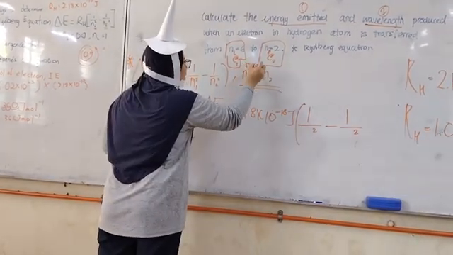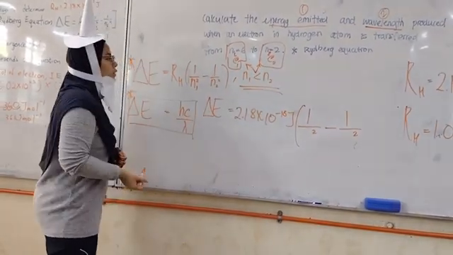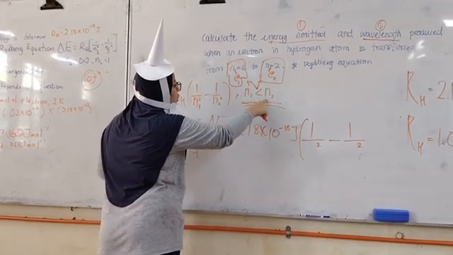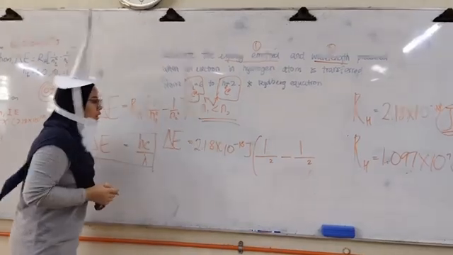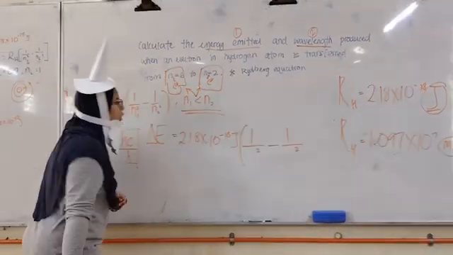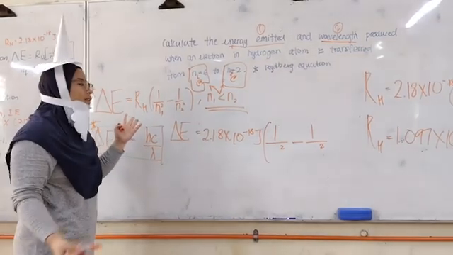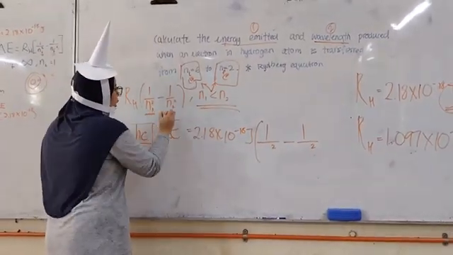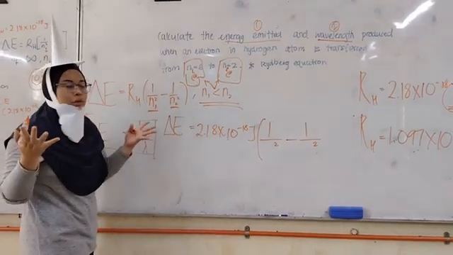So now, let's see. We have the condition here, which is that n1 is smaller than n2. And now, dear Knight, you see here we have two spaces that we need to fill with the energy levels, energy level 1 and energy level 2. How are we supposed to know which one goes where?